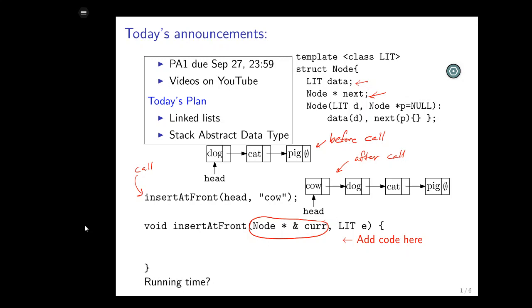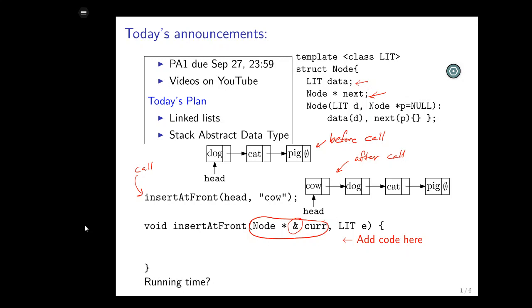Okay, excellent. So the type of that cur is a node pointer, but it's being passed by reference. So that's what this little ampersand is doing. The way to read this is it's a node pointer passed by reference called cur.